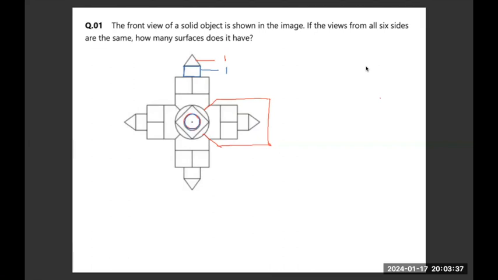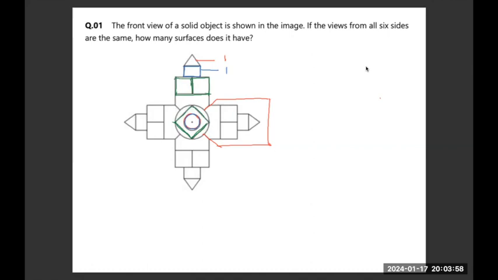The next part is this form. This has an edge here, which means it is a cube, or a cuboid.